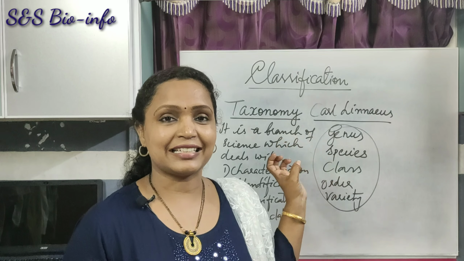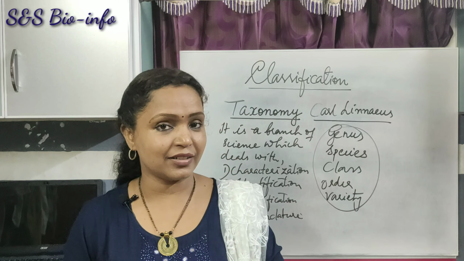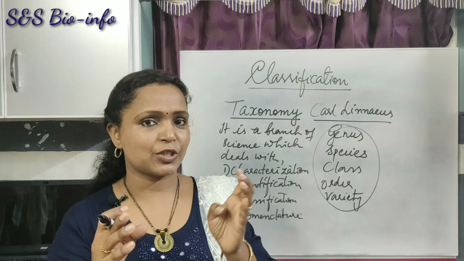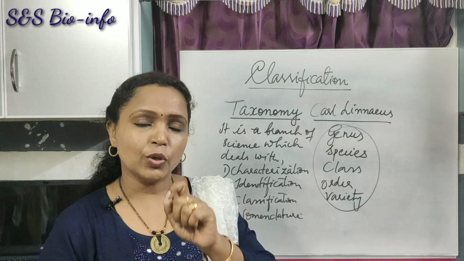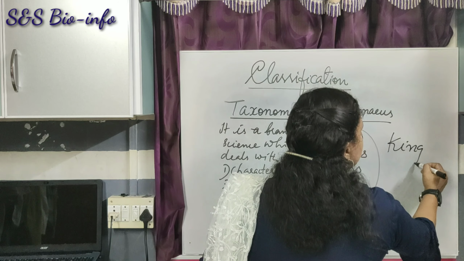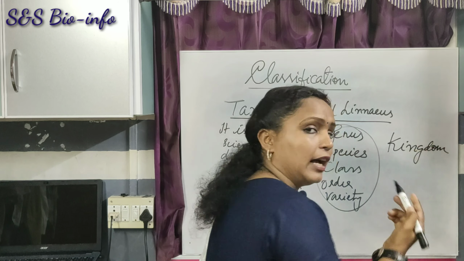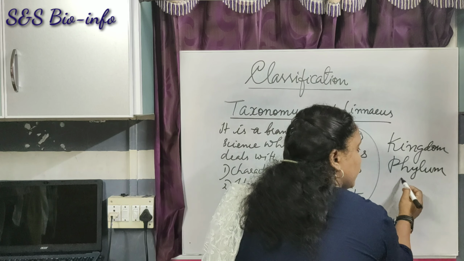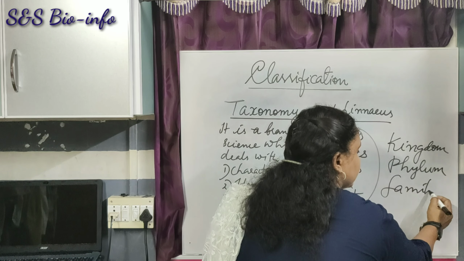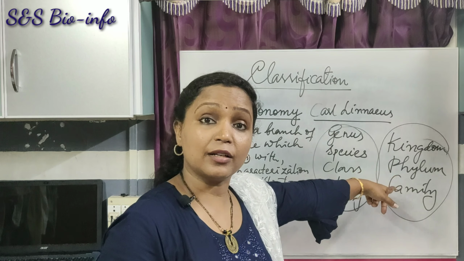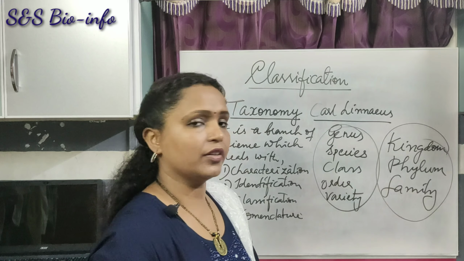These have been selected as the taxonomical categories. Later on, certain new terms were added to the taxonomical categories. Those are kingdom, phylum and family. So these are the newly added terms or taxonomical categories.